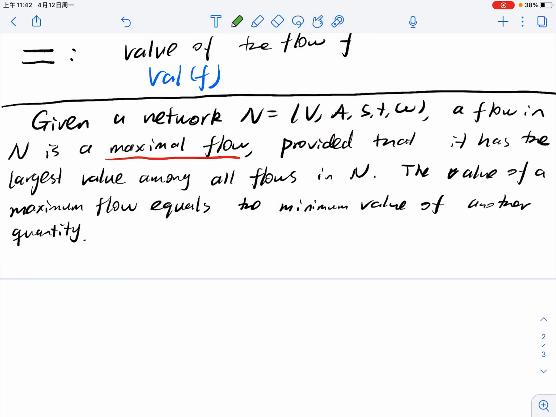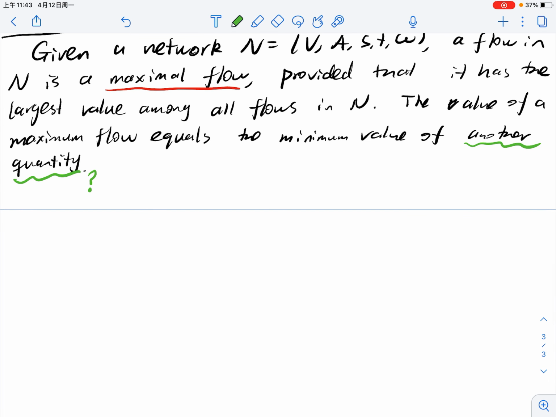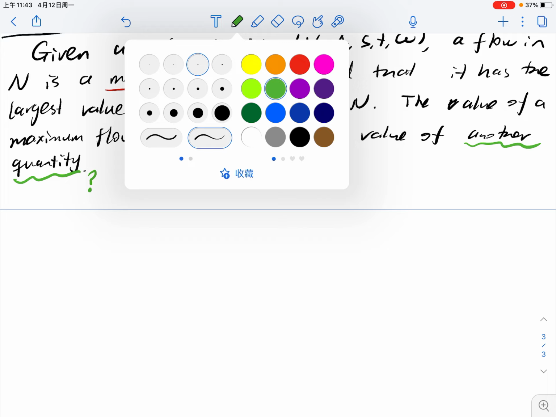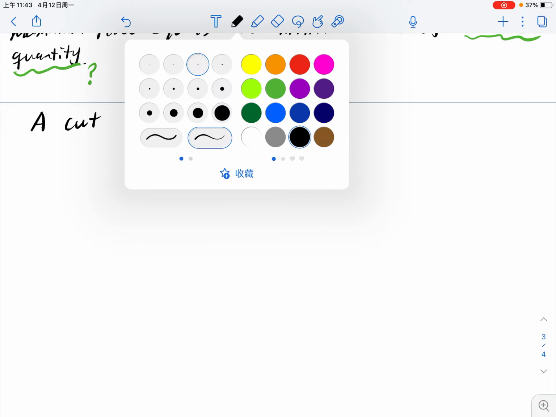So in the following, we will illustrate what this quantity is. Okay, and so we introduce another notion, a cut.